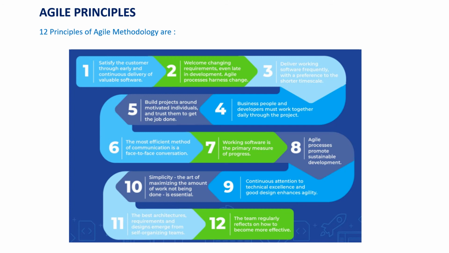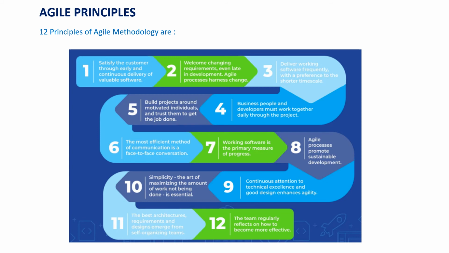Next says simplicity, the art of maximizing the amount of work not done, is essential. So highlight the work which is not being done. The next is the best architectures, requirements and designs emerge from self-organizing teams.